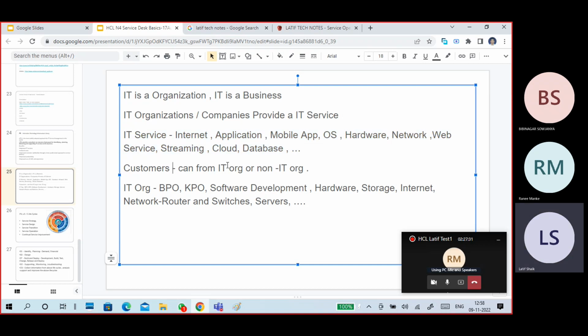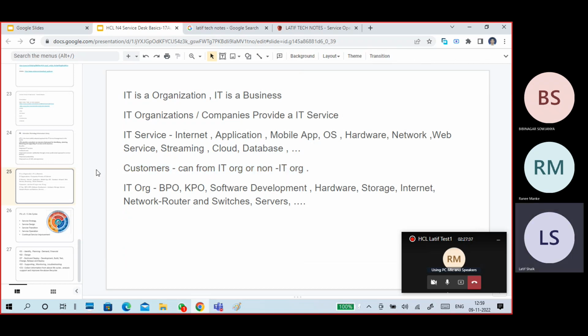The customers are from either an IT organization or a non-IT organization. Customers means the people who use the IT services. The person may be, or an organization may be, an IT organization or a non-IT organization. For example, we are an IT organization. We have to conduct a meeting.